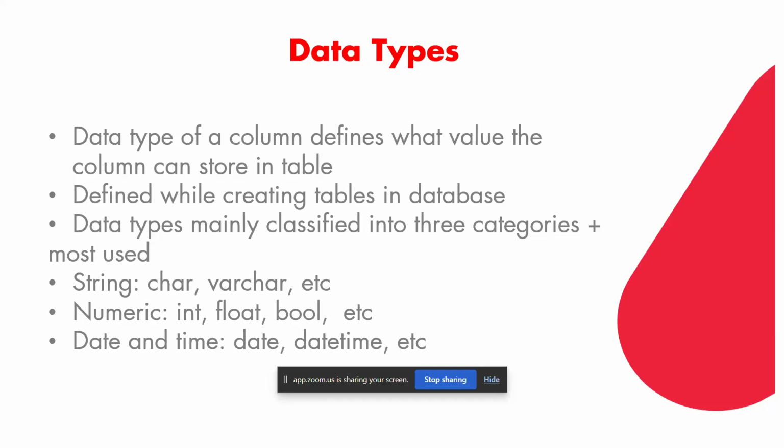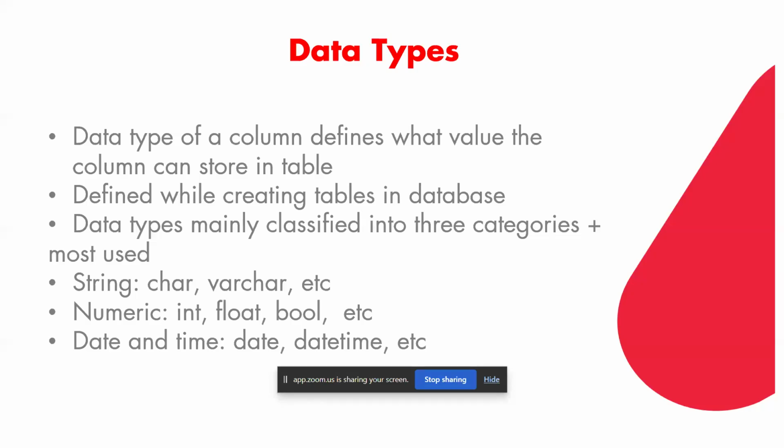So when you define it, it depends on what you define. If you define integer, it is only going to store the integer data type, meaning whole numbers like one, two, three. That is all it is going to store.